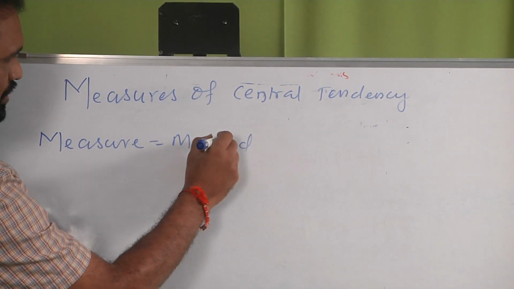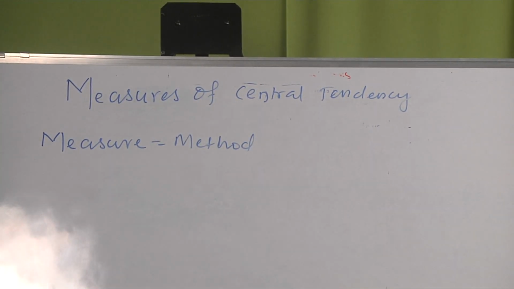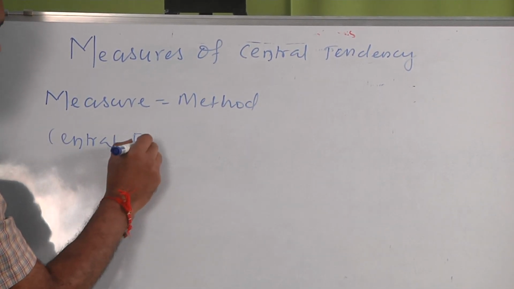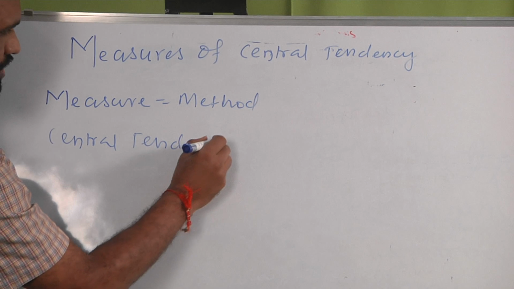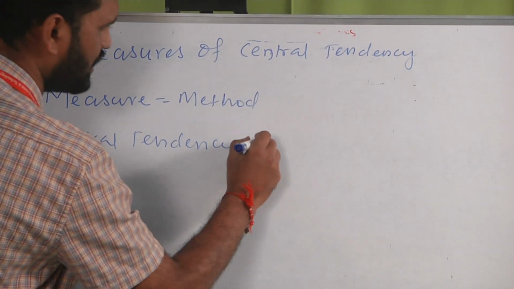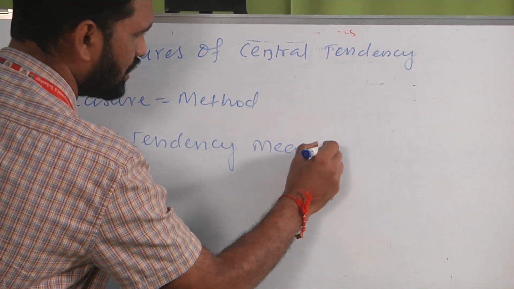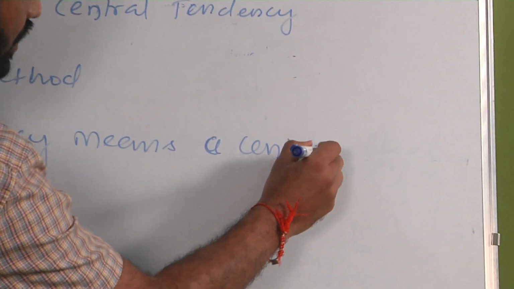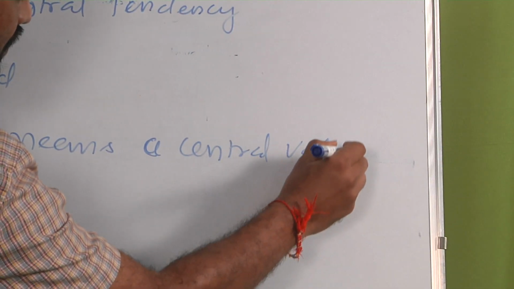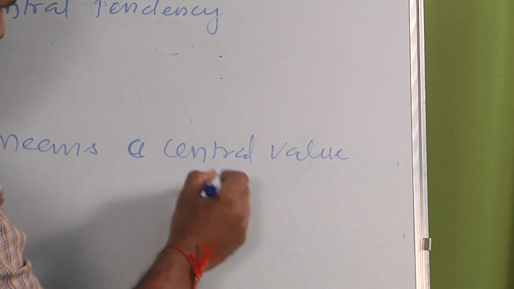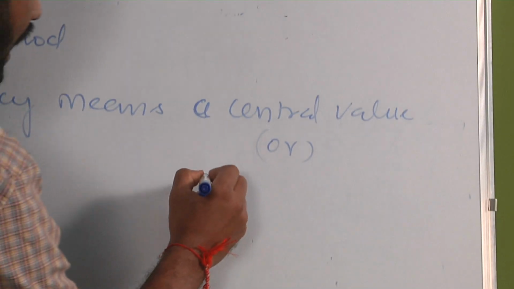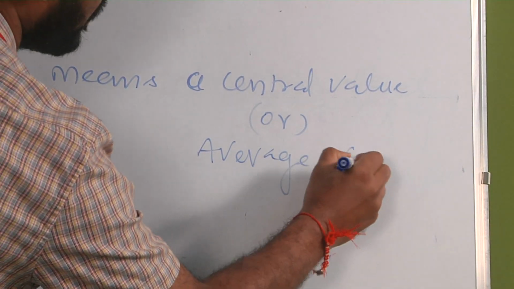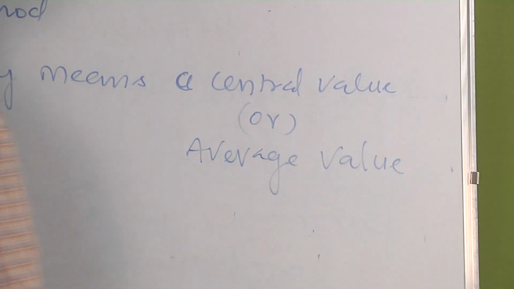What is the meaning of central tendency? Central tendency means a central value or average value.